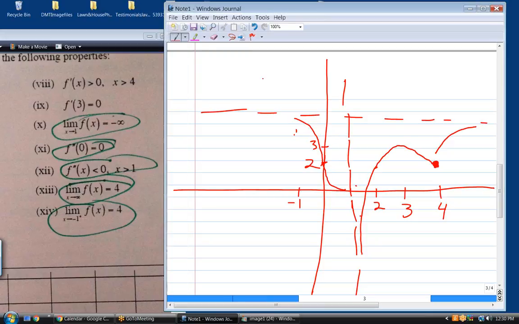In other words, if I put this, the domain goes from, hold on, excuse me. Yeah, if that were the function, the domain would go from -1 to infinity, correct?